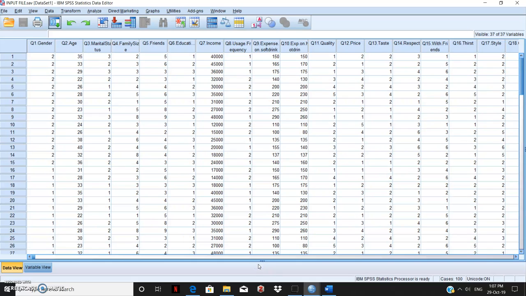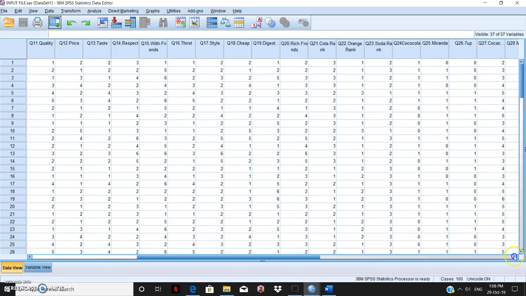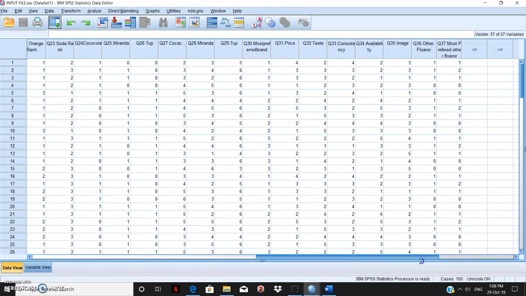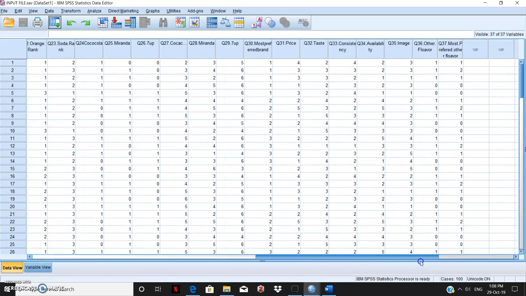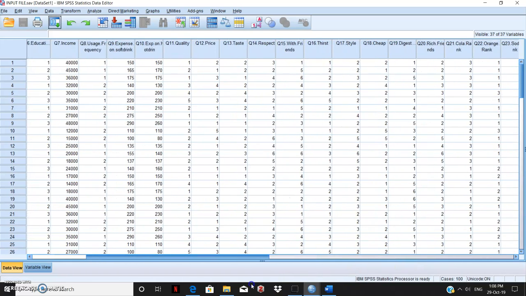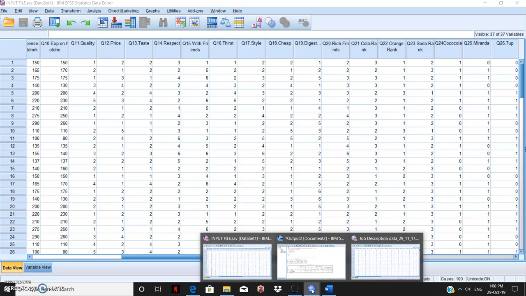Let me assume that I am looking for the difference, say, in... it doesn't have that kind of data, so I may have to go back to this data.